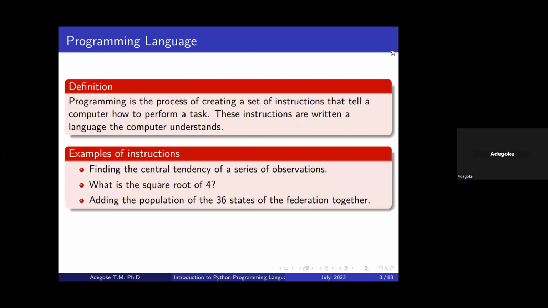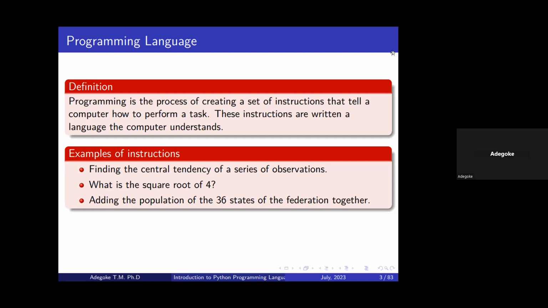Programming is a set of instructions given to a computer to perform a particular task. These instructions can be written in any language, the way we are speaking Yoruba, some are speaking Hausa, some are speaking Igbo. So for us to be able to communicate, we need to give the computer the language it understands.